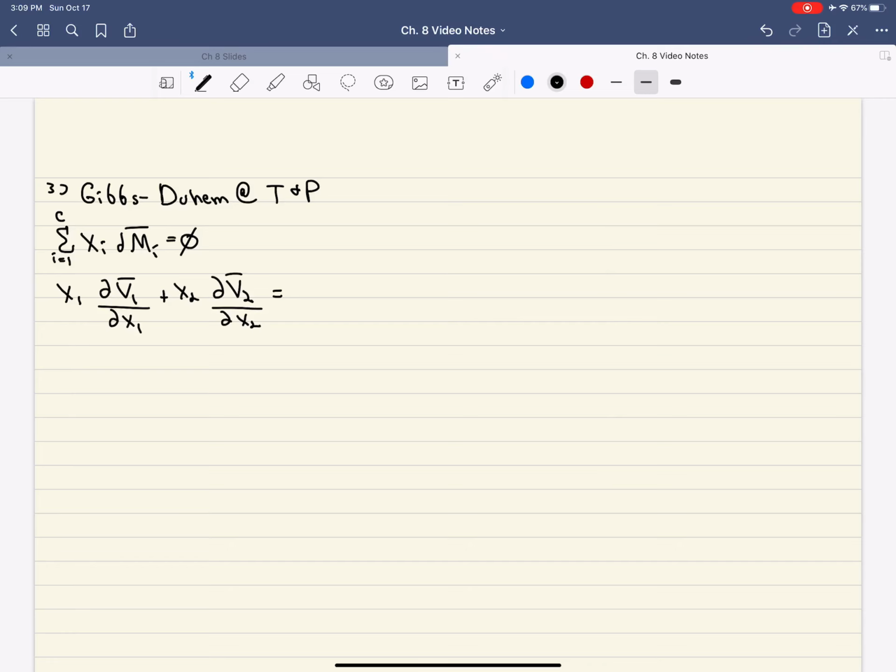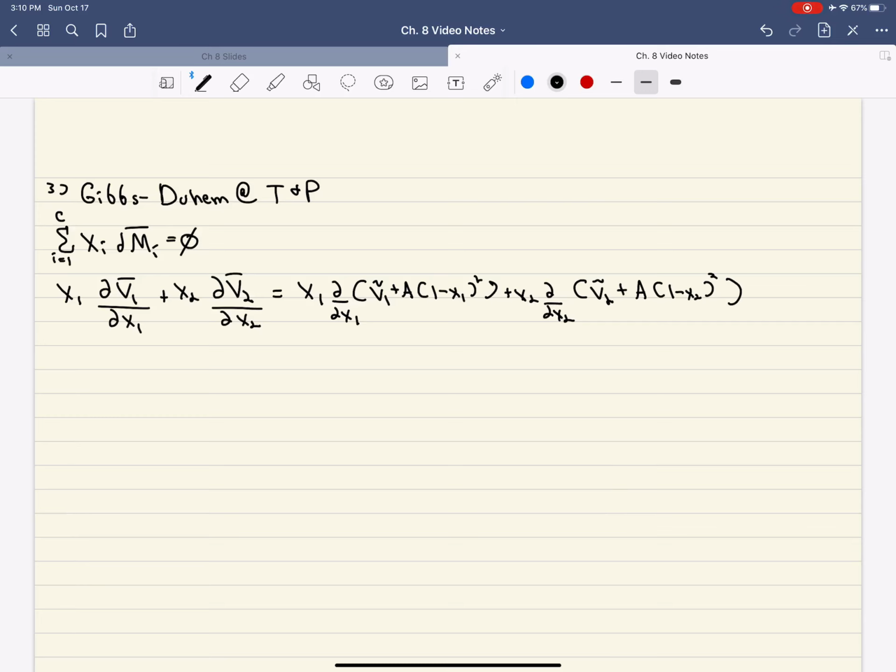Let's now actually take the partial derivatives of each of the models. So x1 d/dx1 of v1 hat plus a (1 minus x1) squared, plus x2 d/dx2 of v2 plus a (1 minus x2) squared.